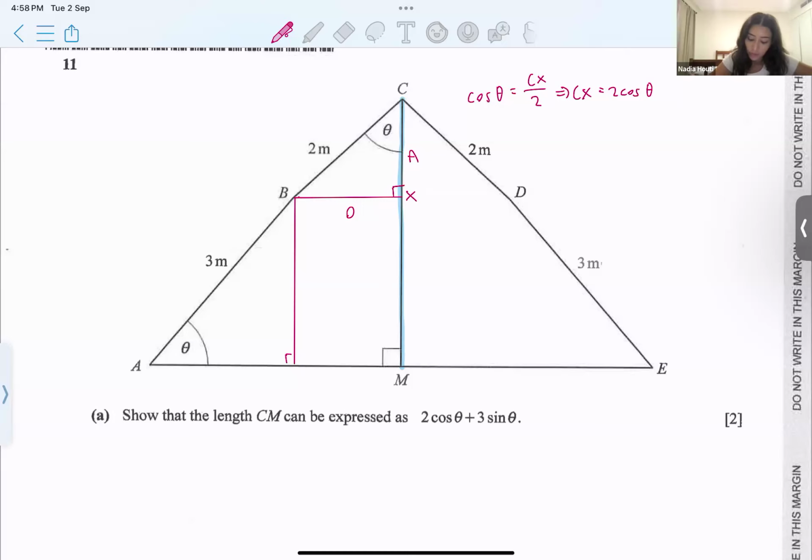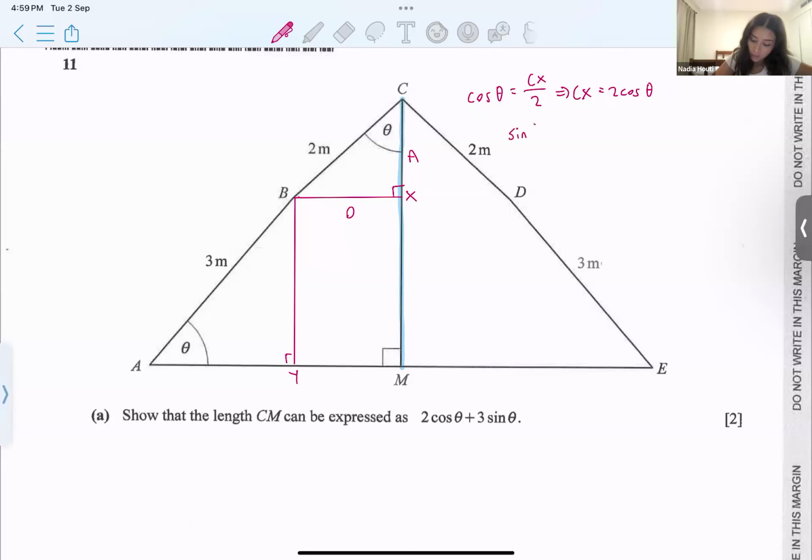Then, I'll call this point Y. Looking at triangle ABY, if we want to find XM, XM is equal to BY, right? So we can find BY first. We can try to form a similar trigonometric expression involving BY.